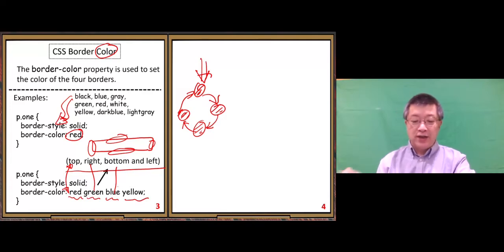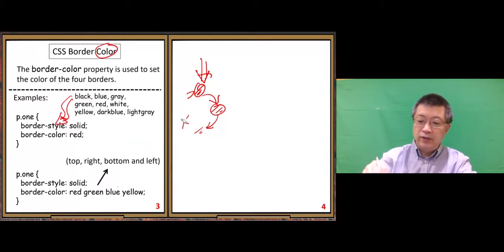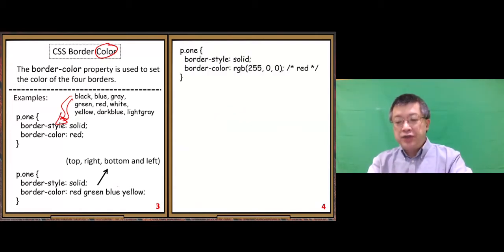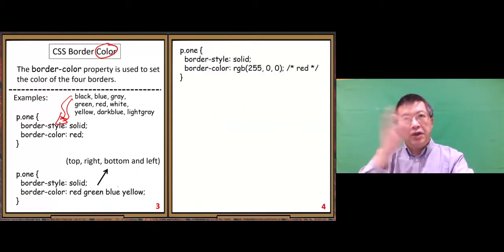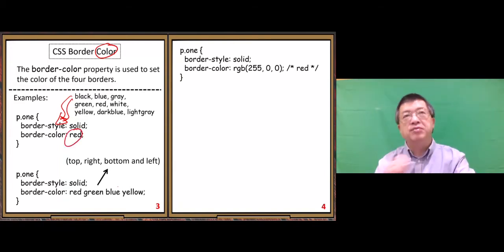That's the hidden rule used by CSS. Next example, we can also describe colors, because using color names is very limited.